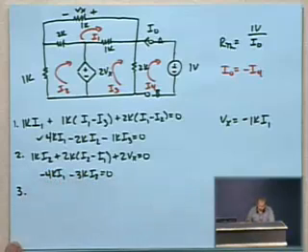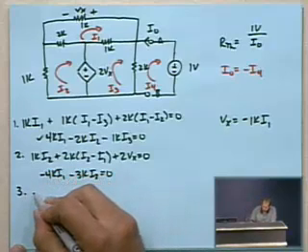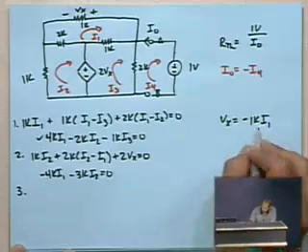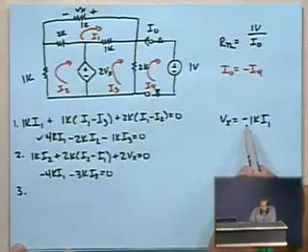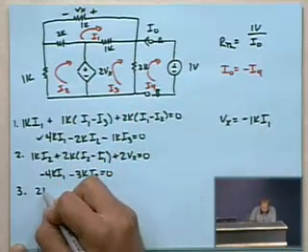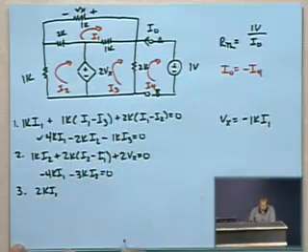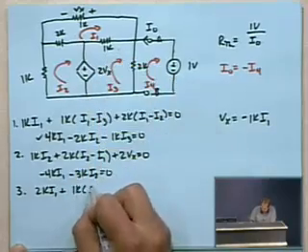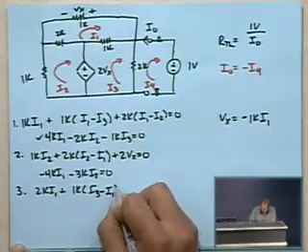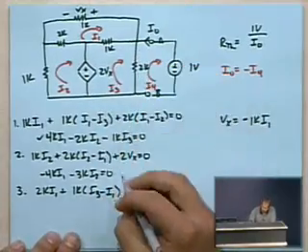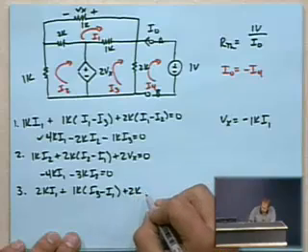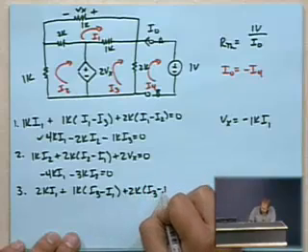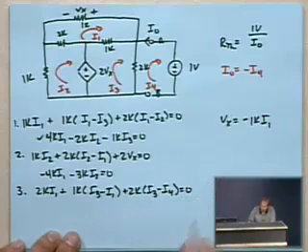Then in terms of the third loop, we've got negative 2Vx, which will be positive 2K times I1. Then we've got 1K times (I3 minus I1), and 2K times (I3 minus I4) equals 0.